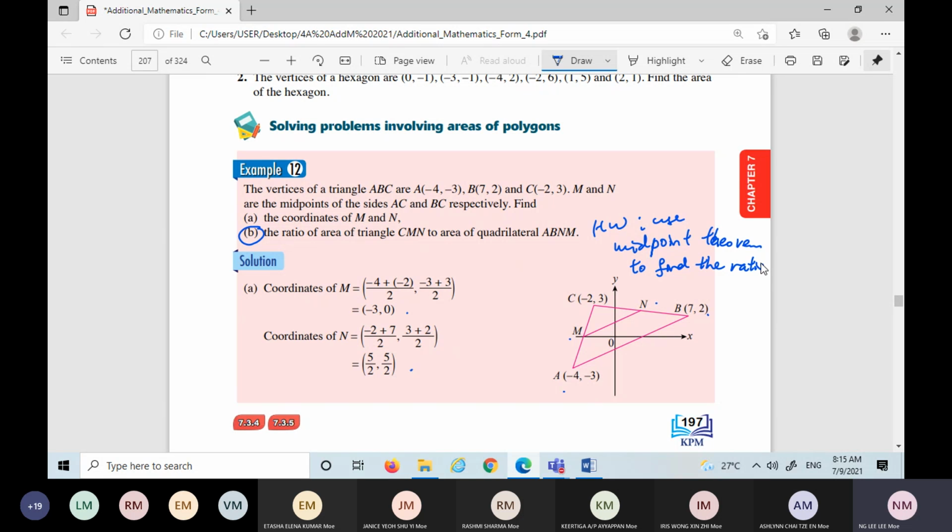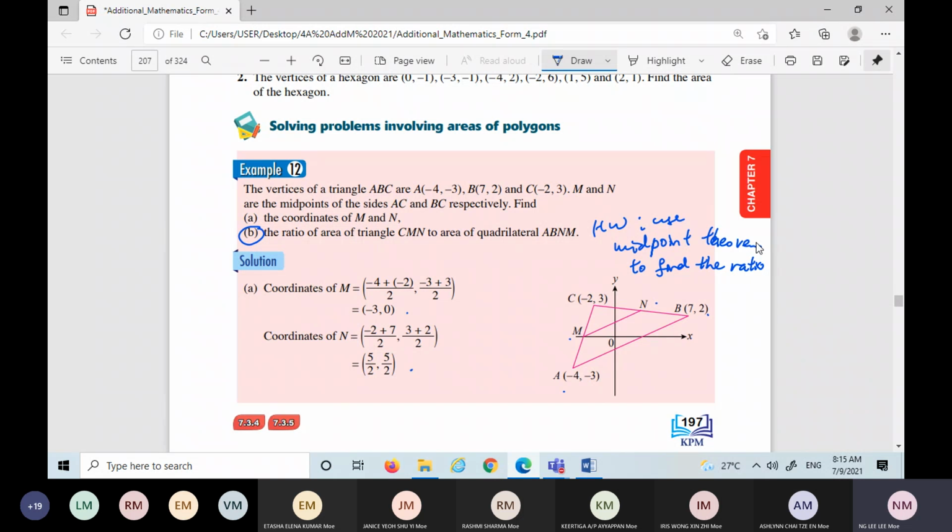I don't want to straight away give you the answer. I want you to try first. Anyone who can get the answer by using the midpoint theorem, I want you to personally WhatsApp me your solutions.